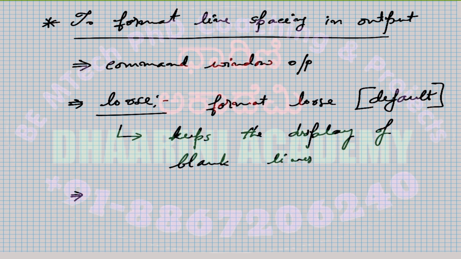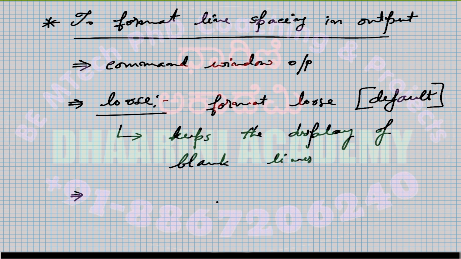So if I don't want to have the lines between my display, and let's assume that I want to suppress the output, in such a case, we have a second format, and this is called compact. The second option is compact. So the command to be entered is format compact.